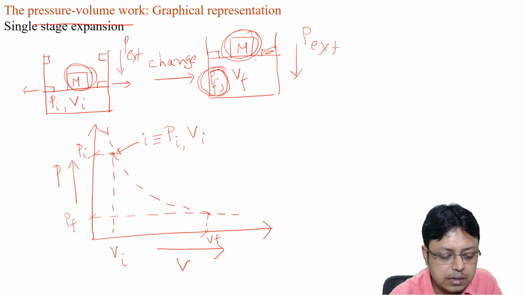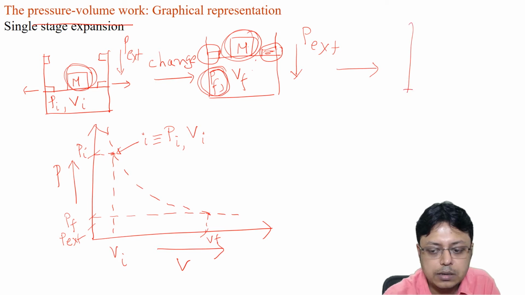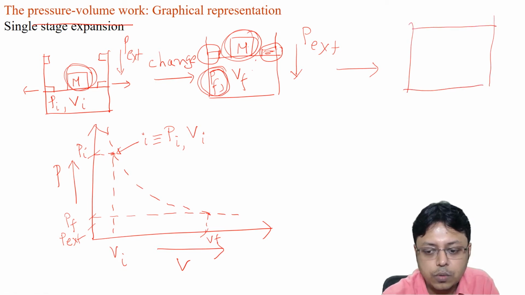So P external is somewhere here, meaning if we remove these two pins, the gas can still expand a little bit and go to a point where this final volume, which we denote as say Vf prime, has a pressure of the gas equal to this pressure, which is the external pressure.